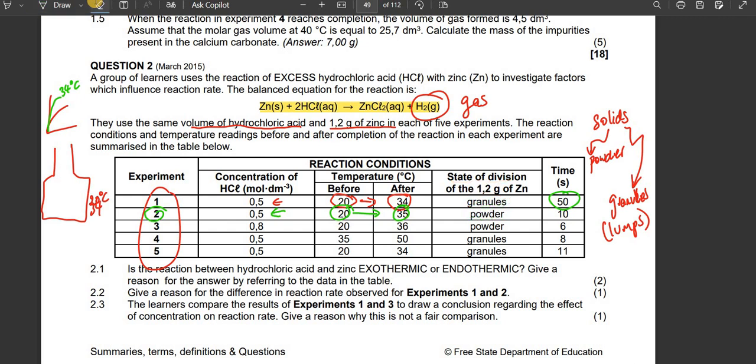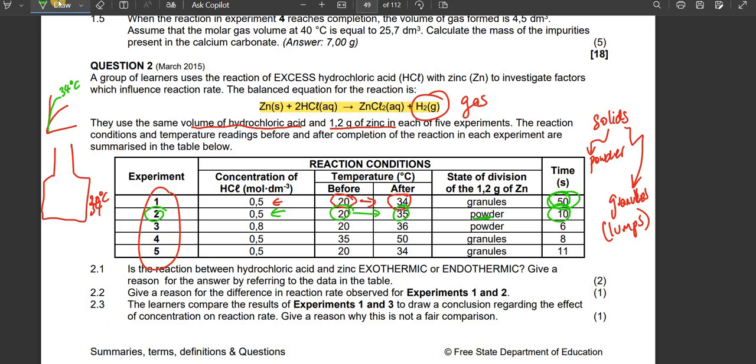That was the time that was taken to complete the reaction. Whereas when they used powder, the time that was taken is 10 seconds. So when was the reaction fastest? When they used powder, because it takes less time. If it takes less time, it means the reaction is fast. If it takes more time, it means the reaction is slow. Okay.